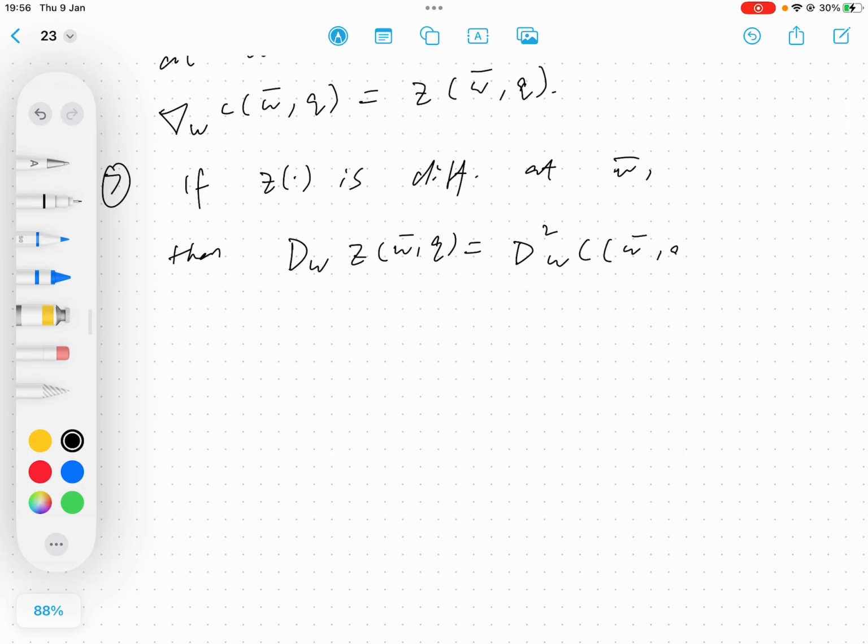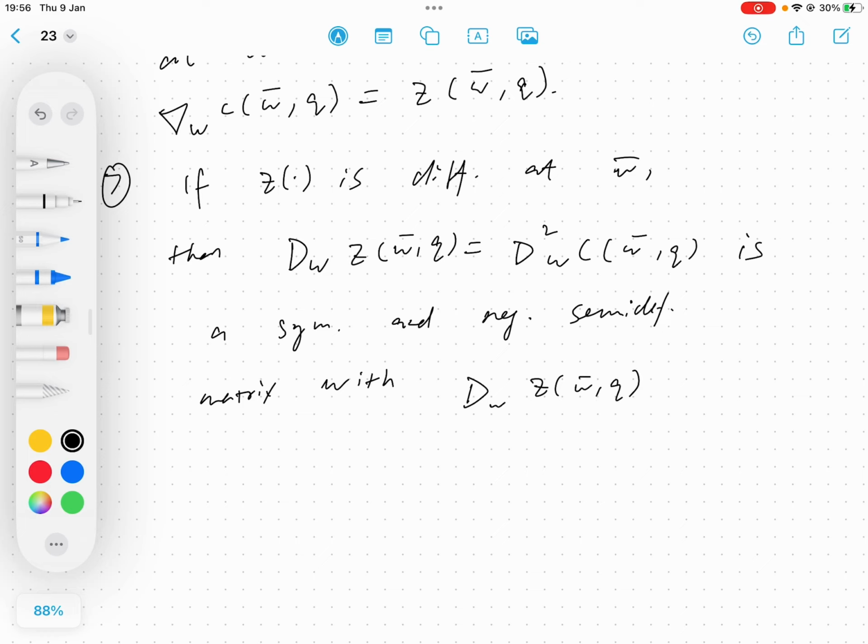C(w bar, q) is a symmetric and negative semi-definite matrix with this level, so the derivative with respect to w of Z(w bar, q) multiplied by w is 0.